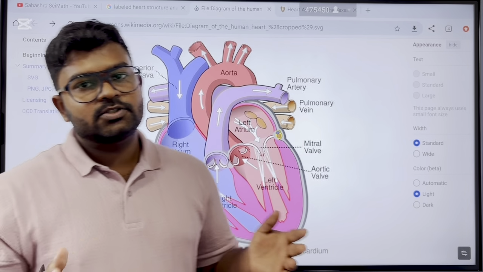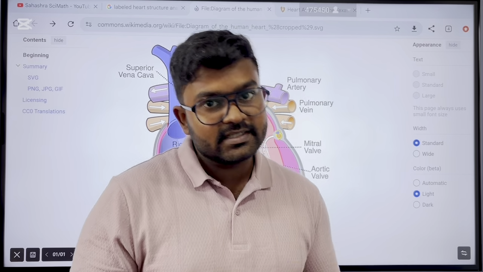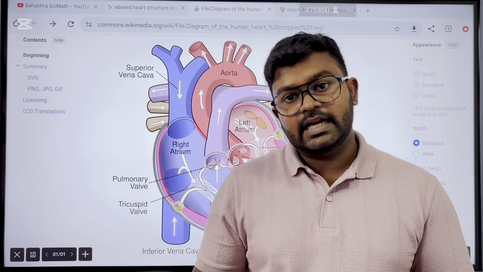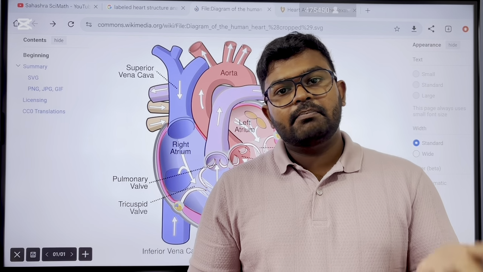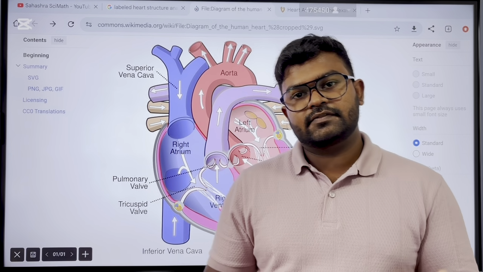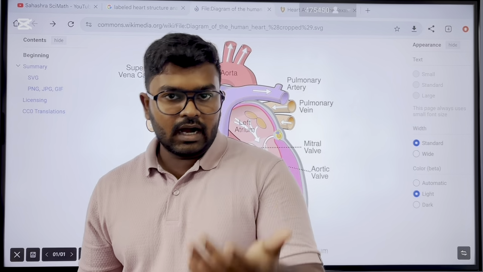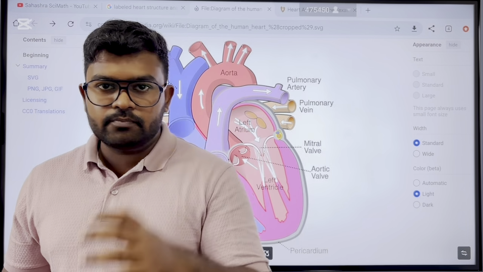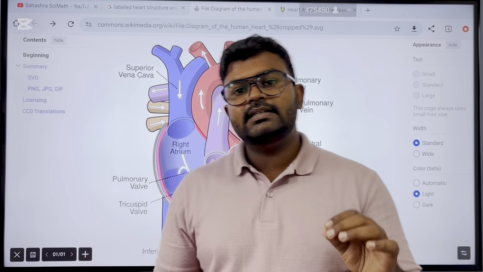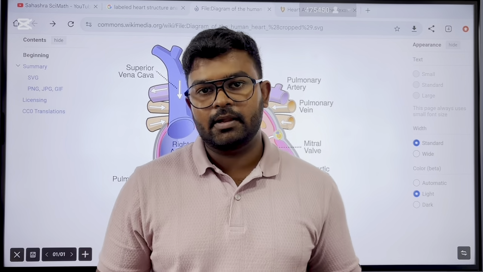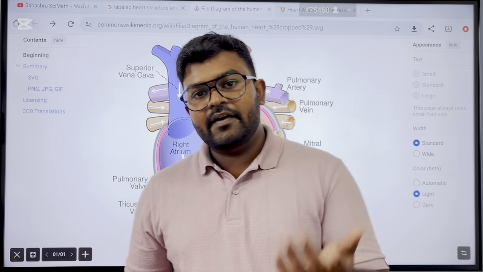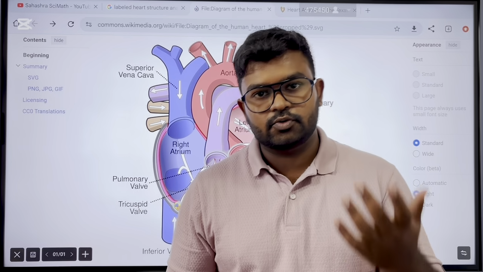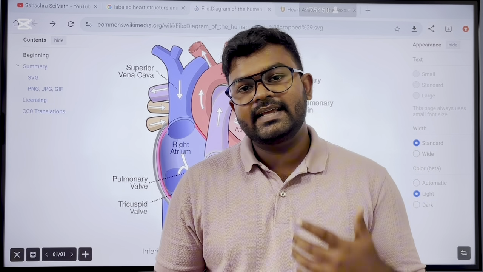And then, as I told you, there are two types of blood vessels within our body, arteries and veins. What are arteries? Arteries carry blood away from the heart, and arteries contain mainly oxygenated blood. Oxygenated blood means the blood within the arteries carries oxygen. Oxygen saturation of arterial blood is high.